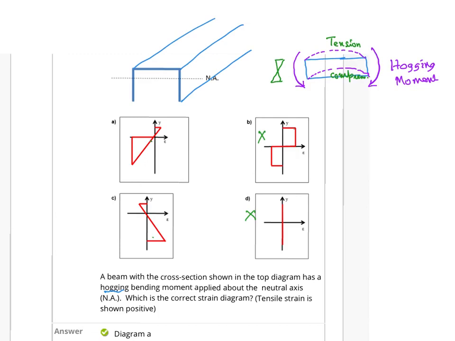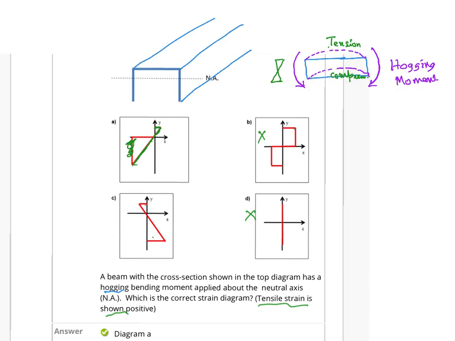Now tensile strain is shown positive in this case. In this case we see the tension at the top. In this case it shows tension at the bottom, as negative. So our correct diagram of strain should be this one. And I don't think this is the correct way of drawing.